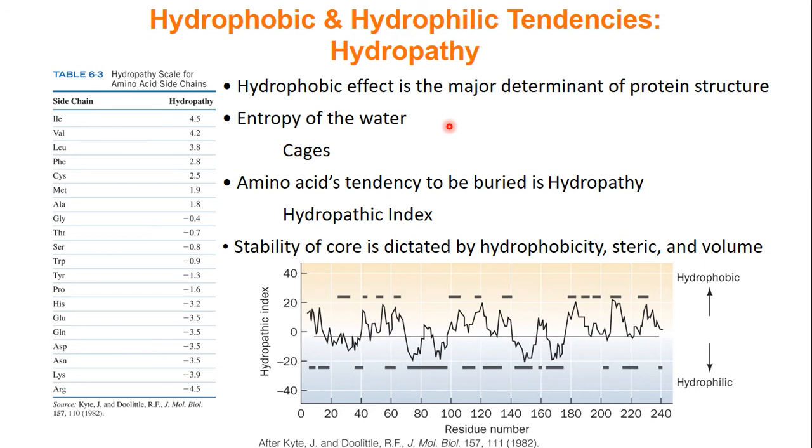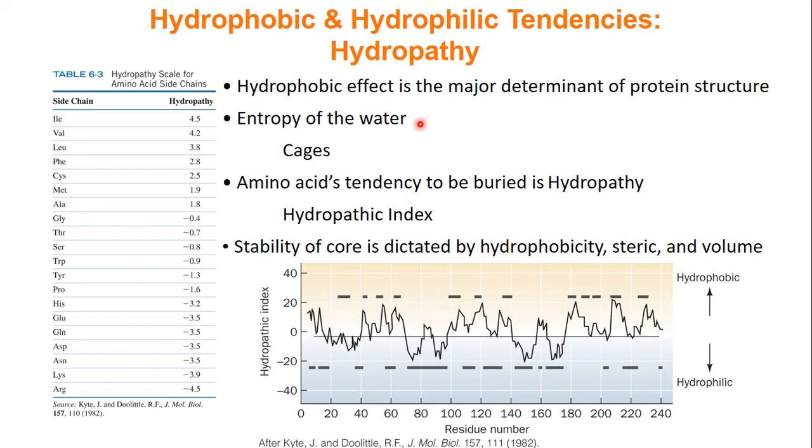So the main reason why proteins fold, and why they fold the way they do, is because of the hydrophobic effect. Now, we have nonpolar amino acids, and if you remember, if a nonpolar substance is in contact with water, water will form these cages around the hydrophobic substances.